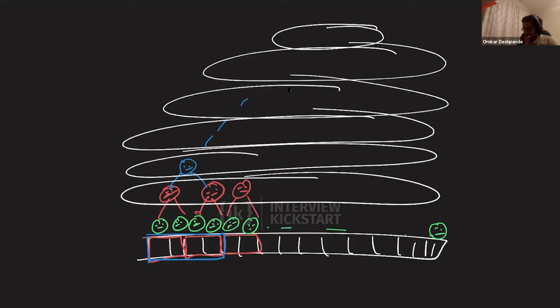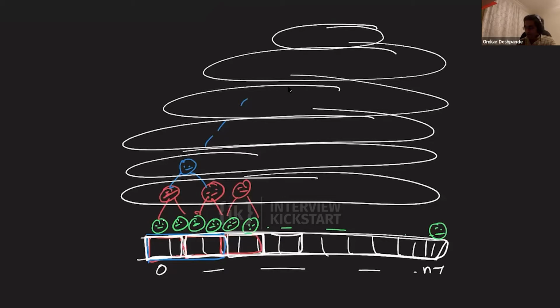So how would we do that? So we have an array of size n from 0 to n minus 1. So initially the lowest level managers are actually merging together subarrays of size 2. Then their superiors are merging together subarrays into an output of size 4, then 8, 16, and so on.